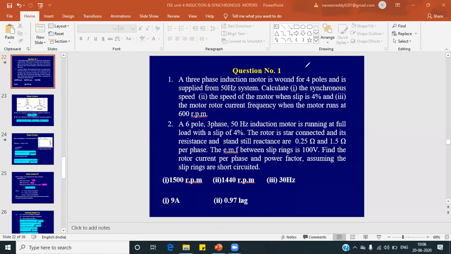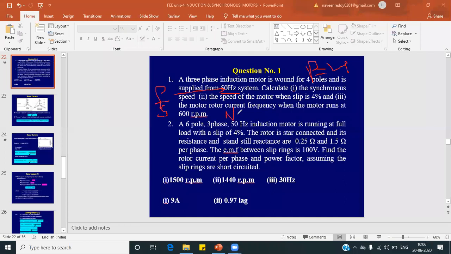So the number of poles P equals 4. We said the induction motor is singly excited, that is, only the stator is connected to the supply, so the stator frequency is 50 Hz. Now calculate the synchronous speed.